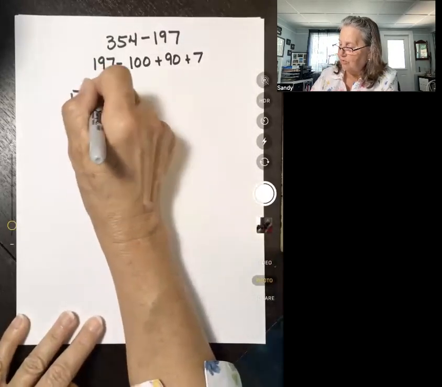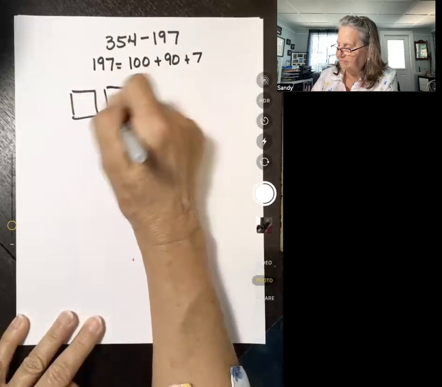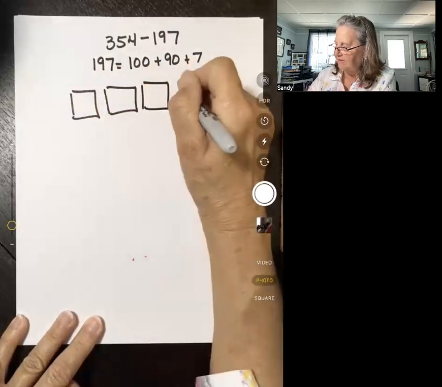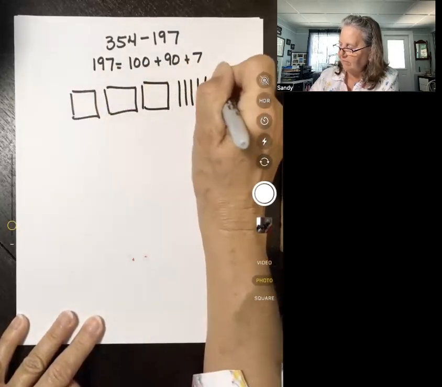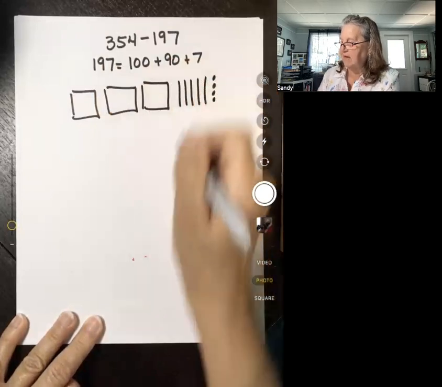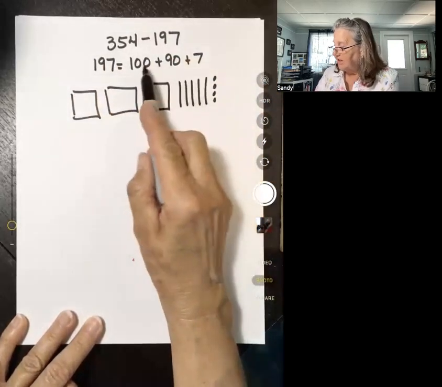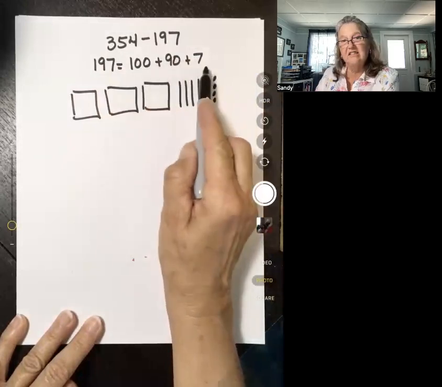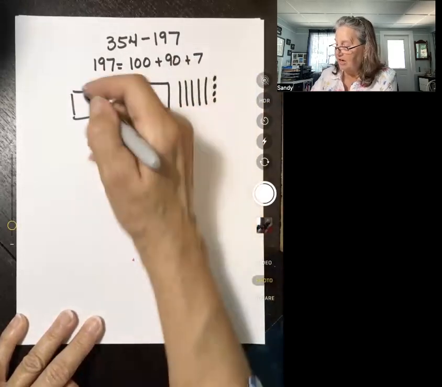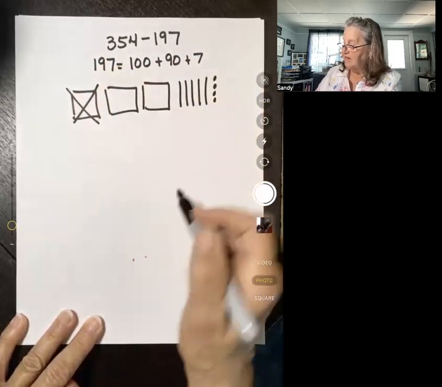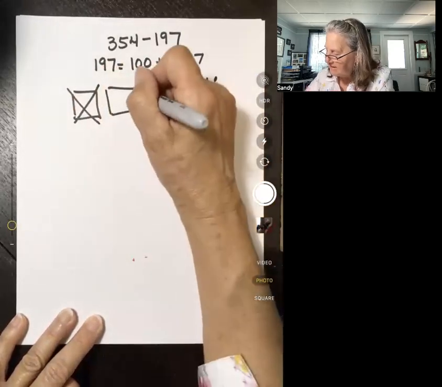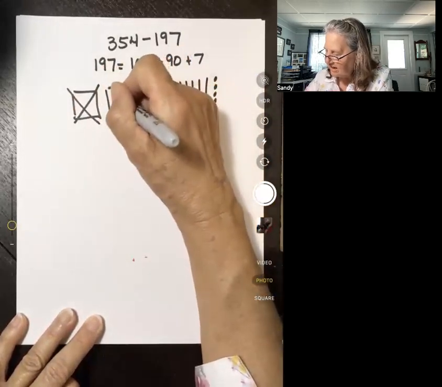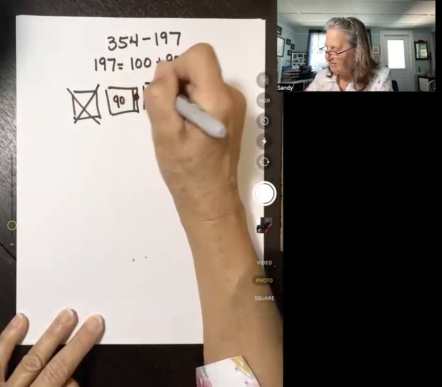So I've got 354. But this time, I'm going to think of each of these that I need to remove. Now, the 100 to remove is fine, but to remove 90, I could cut this into 90 and 10.